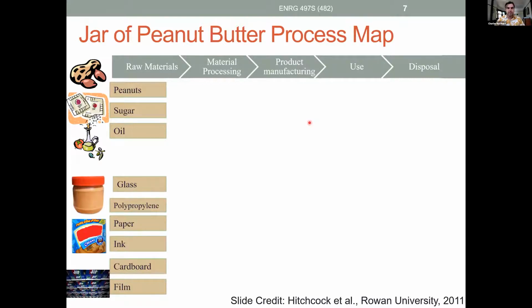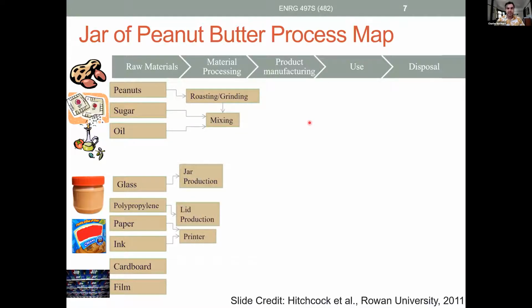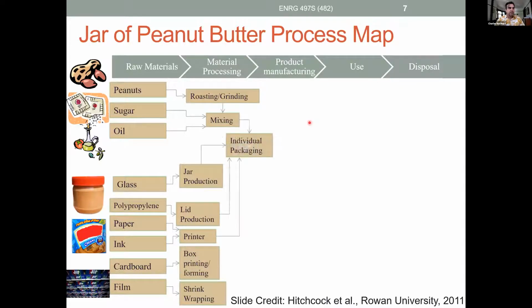Carbon will be emitted when we're making all the materials for packaging the peanut butter. Carbon will be emitted when we actually begin to process these raw materials into peanut butter itself. So we have to roast the peanuts, grind them, mix it with the other products that go into it. We have to manufacture these different packaging products, and then we package them up, ship them to a store.